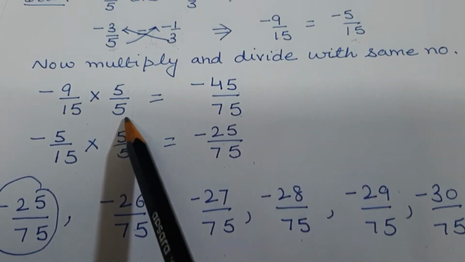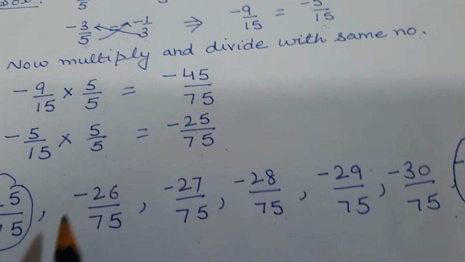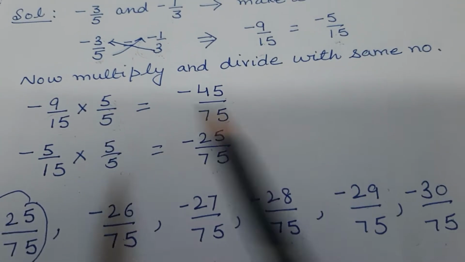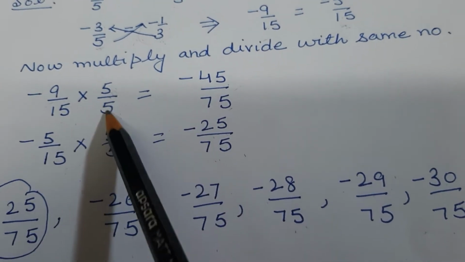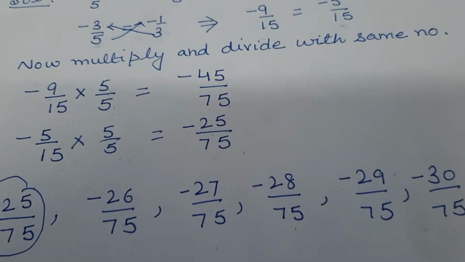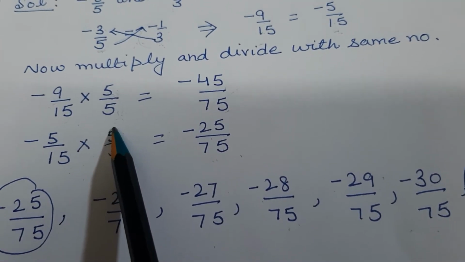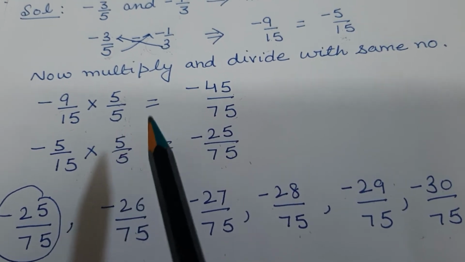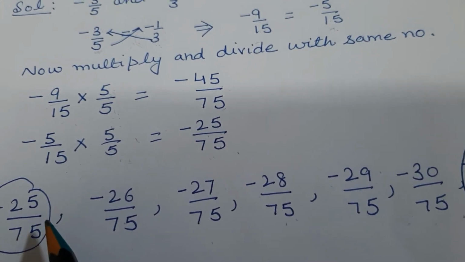Here we have chosen 5. If you choose 2, there will be different rational numbers. If you write 10 here, different rational numbers. If you write 235, different rational numbers. Like our counting is unlimited, similarly rational numbers between two numbers are unlimited.